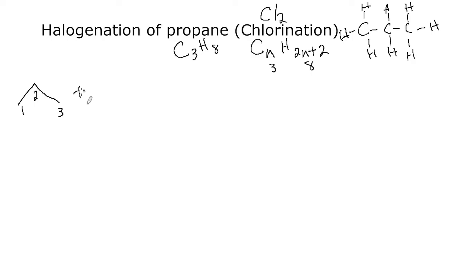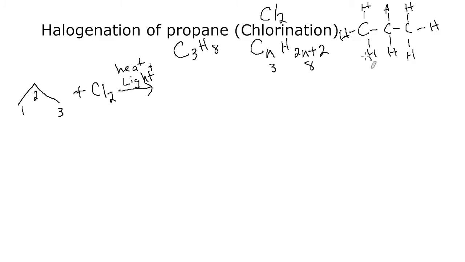We're going to add chlorine, and we're going to do so in the presence of heat and light. The resulting molecule is going to be that chlorine is going to break apart, and it's going to replace one of these hydrogens.